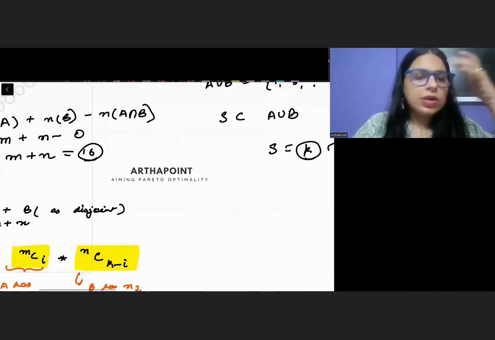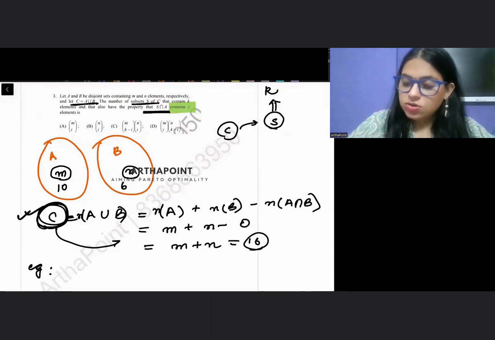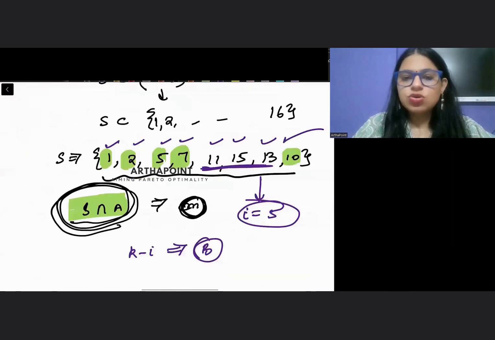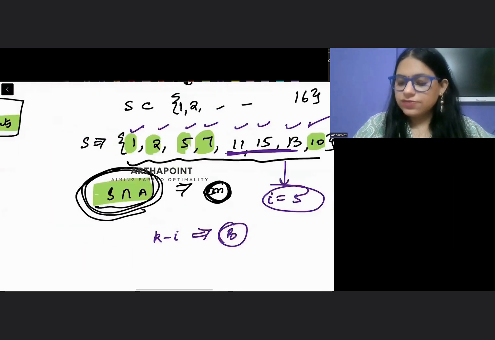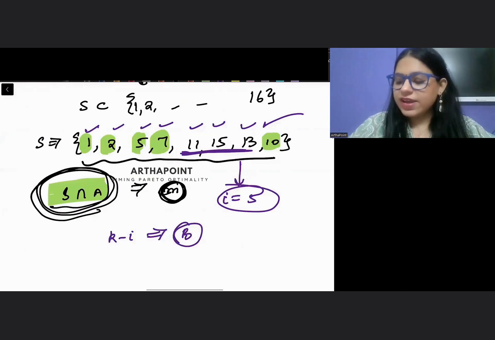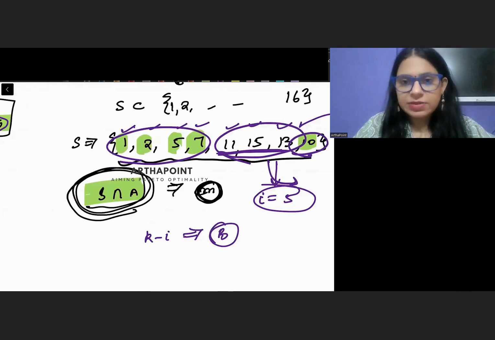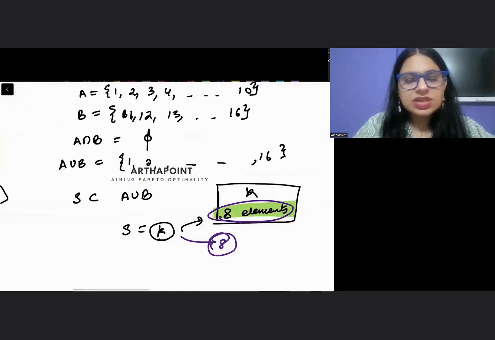Okay. Now come to the question. So, what is the question saying then? It also has the property: the number of subsets of C that contain K elements is... So, you need to find that number. You need to make sure that, pay attention, I need a total of 8 elements in the subset. I need to have 5 elements of A and 3 elements of B. These 5 elements can be any 5 elements. How many elements did A have?